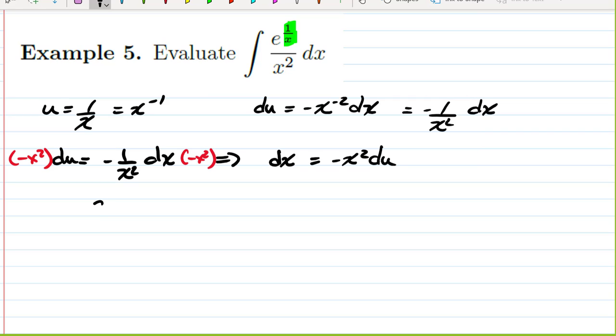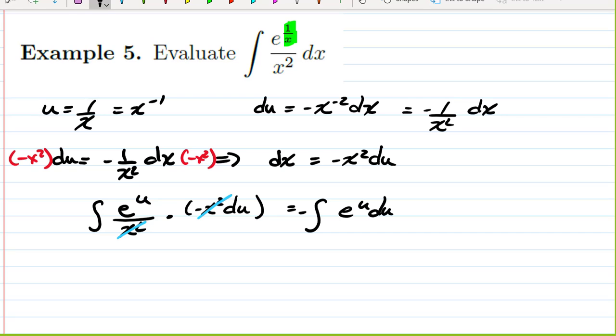So we substitute into our integral, and we have e to the u over x squared times negative x squared du. So our x squareds reduce out, and we get the integral, pull our minus sign out in front, e to the u du. So then that gives us negative e to the u plus c, which is negative e to the 1 over x plus c.